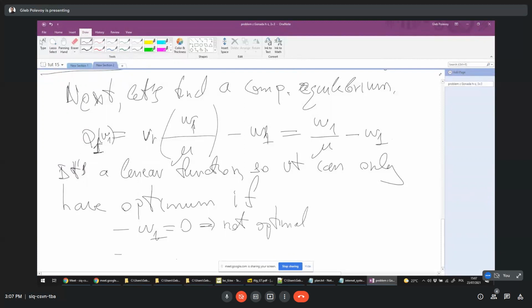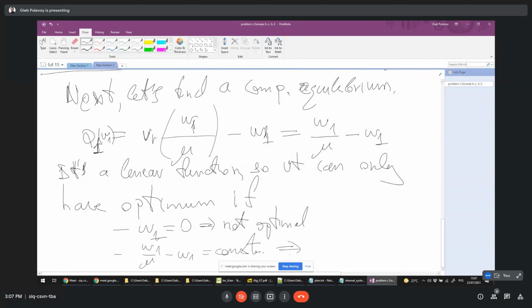Another option is the other extreme. No, there is no other extreme because there is no maximum. So the other option is simply that this function has a local maximum, but that can only be a constant function. So it's a constant. In other words, W1 divided by mu minus W1 is equal to a constant.